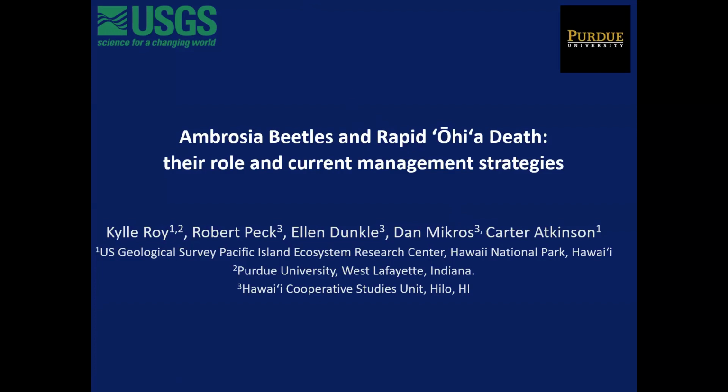She completed a PhD on chemical ecology of ambrosia beetles, right? I did not graduate. Oh, okay. Still continuing. But I appreciate the compliment. I'm a second year PhD student at Purdue University. Okay, sorry. So we will be talking about ambrosia beetles and rapid ohia death. So Kylie, whenever you are ready.